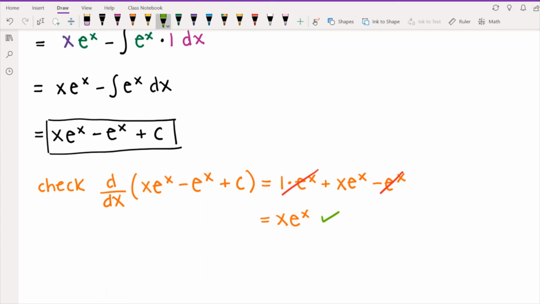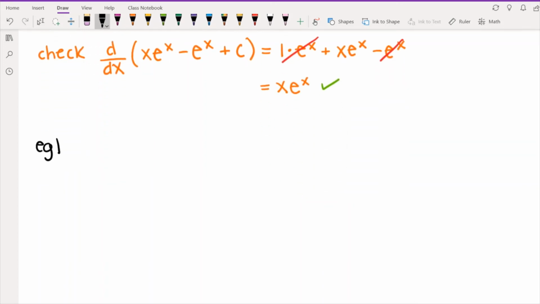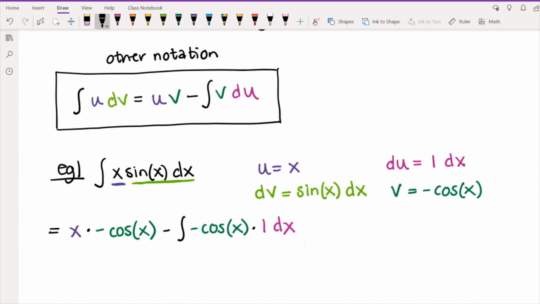Okay, so what about if we're doing a definite integral? For example, let's say that now we wanted to find the integral from 0 to 1 of the same one, x e to the x. Basically it's the exact same idea, it's just that you are now plugging in numbers. So I want to add that back to where we wrote down our official formula.